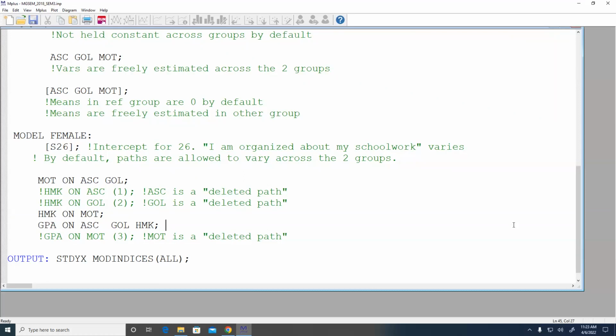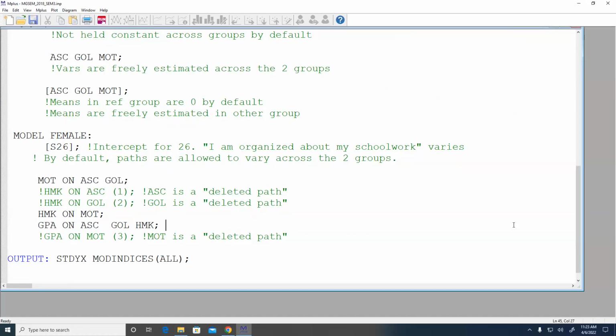And if there are differences, again, this isn't necessarily saying that there are differences in the means on any of these variables across the two groups. It's really talking about differences in the regression coefficient, the predictive strength. How well does this variable predict this variable, again, after controlling for other variables?